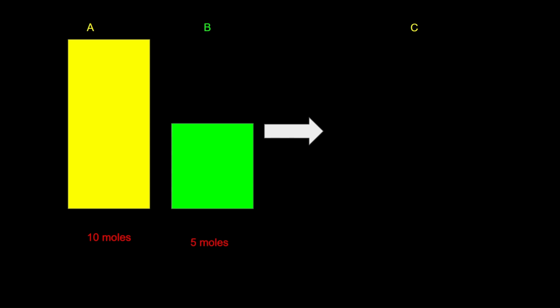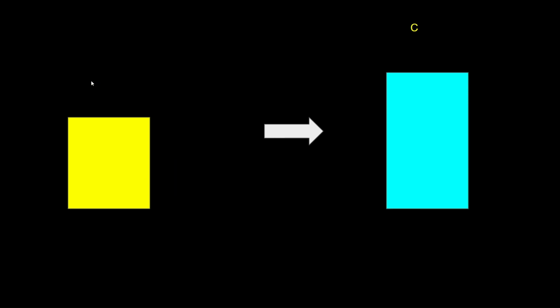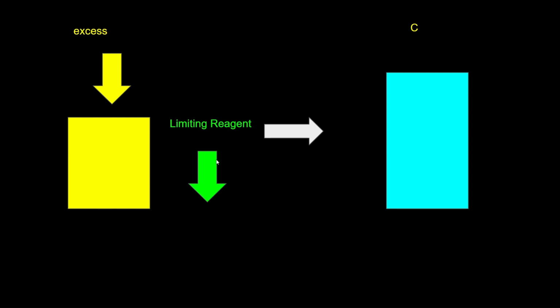But in this case, it is clear that one of the reactants will run out and therefore stop the reaction before the other one can be used. In this case, the reactant that has run out is called the limiting reagent because it limits the reaction's potential. And then the reactant that has not run out yet is said to be an excess reagent because it is an excess at the end of the reaction.